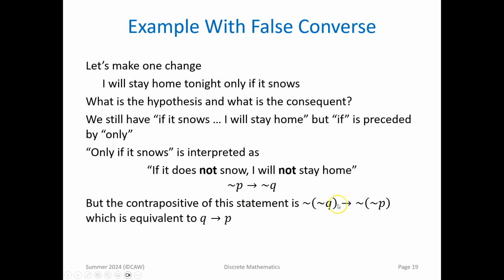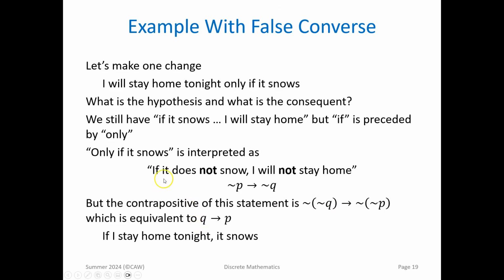Not Q, then not P. But we can use double negation. It's equivalent to just not negating at all. So the contrapositive for this case is equivalent to Q implies P. Not Q is equivalent to Q, not P is equivalent to P. This statement, the contrapositive, is equivalent to Q, then P.